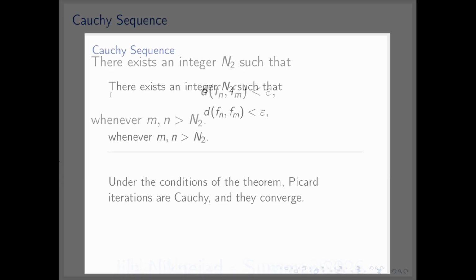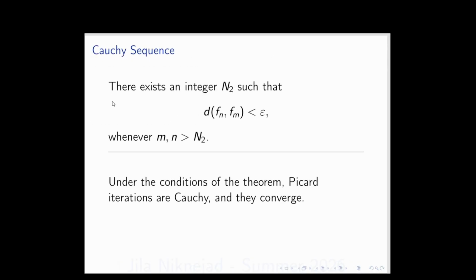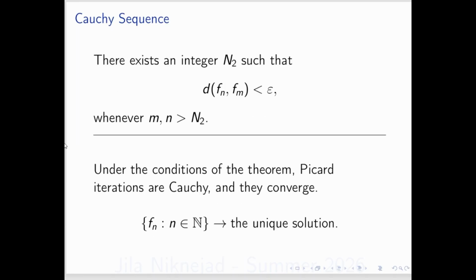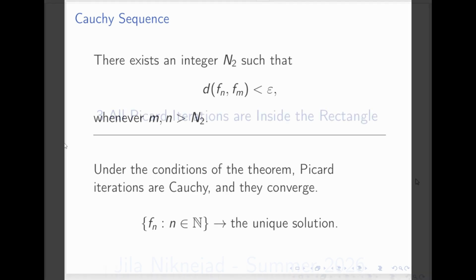That means that the Picard iterations are Cauchy and they converge. That is, we will show that the pointwise limit of the Picard iterations is continuous and satisfies the integral form of the initial value problem. Consequently, this limit is a solution to the original initial value problem.